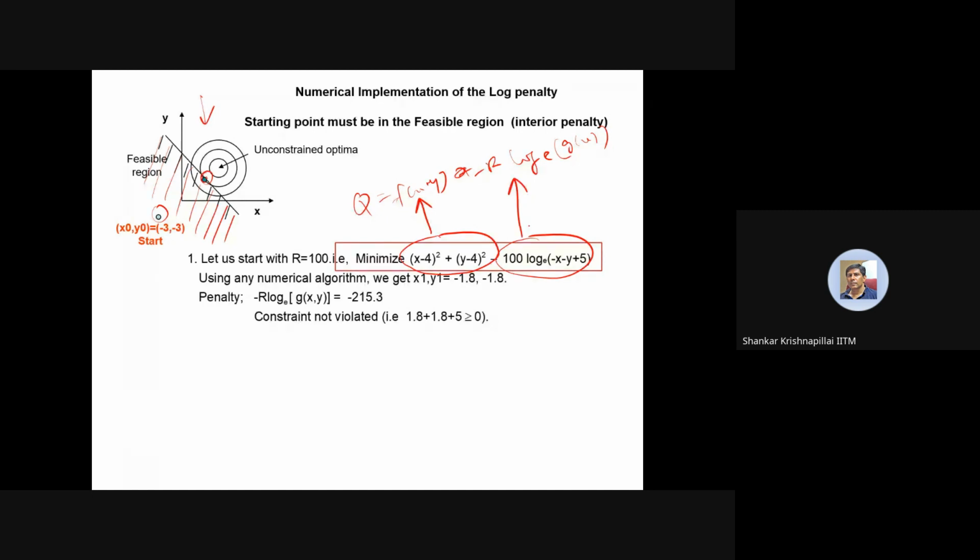You can solve this by any unconstrained numerical algorithm like Cauchy's method or Fletcher's method or any other method. If you solve it with this starting point of -3, then the first solution we get is -1.8, -1.8.